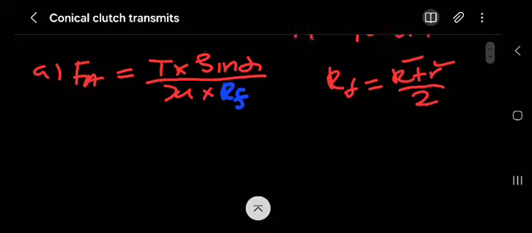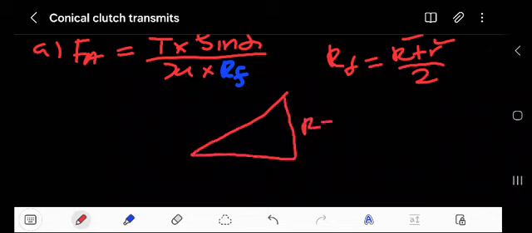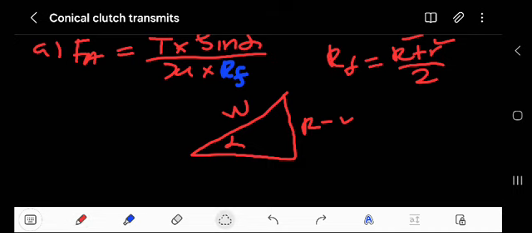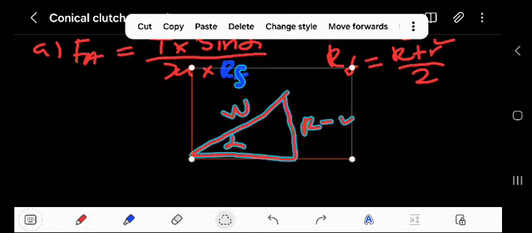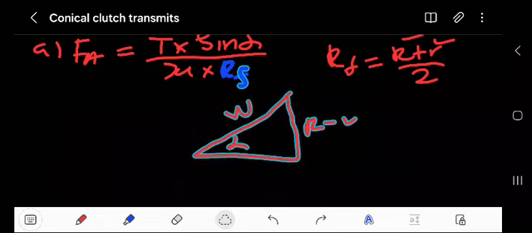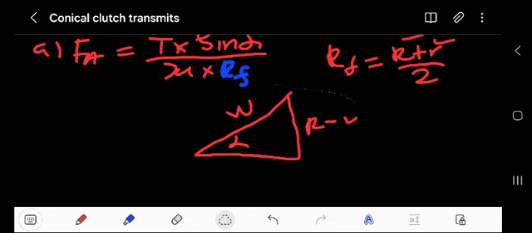So to find the small r, guys, remember in the conical clutch we have R minus r and the width here, and our alpha. So apply opposite over adjacent, apply our trig ratio, which is sine.